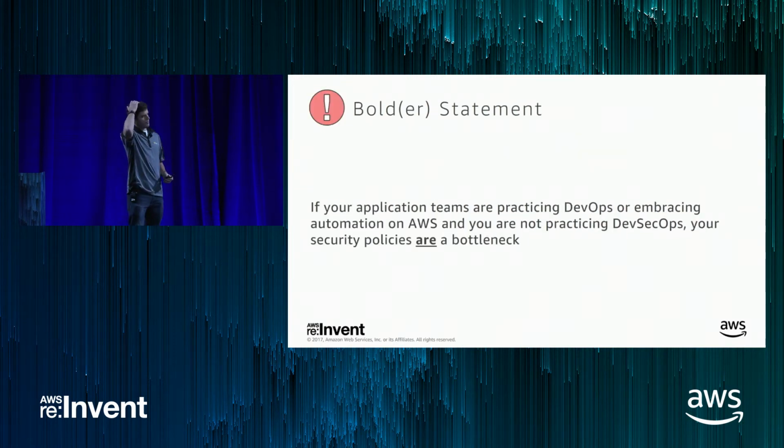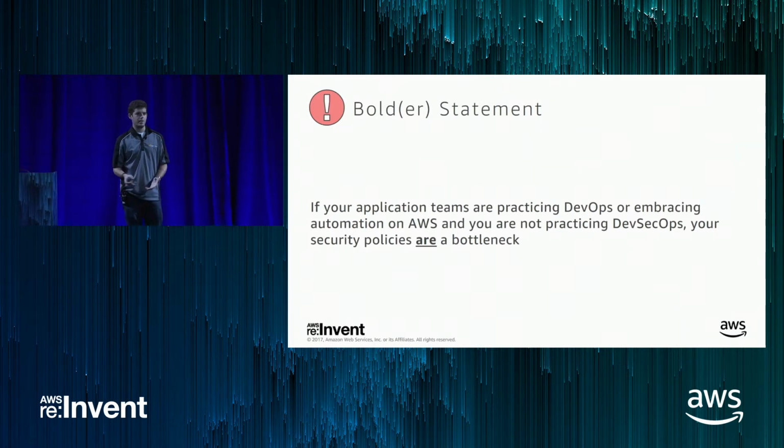A slightly bolder statement is if your application teams are practicing DevOps or embracing automation on top of AWS and you're not practicing DevSecOps, your security policies are a bottleneck. So think about the amount of agility and the amount of elasticity that we've enabled through all the different services that AWS has to offer for your application teams.